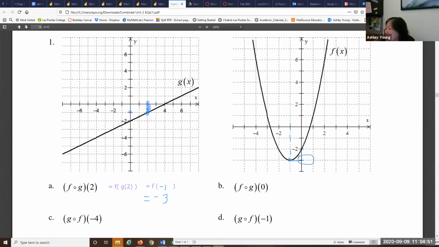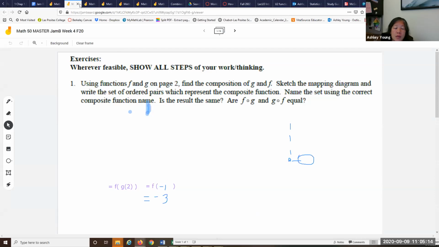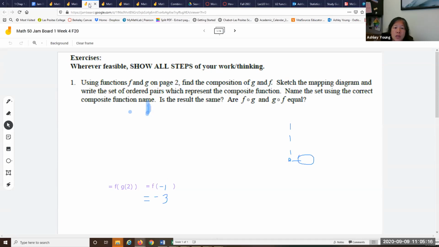Move this thing out of the way. Okay, so I'm going to go and open up the rooms. Oh, let me text you guys the Jamboard. So the Jamboards, oops, these should be the Jamboards.